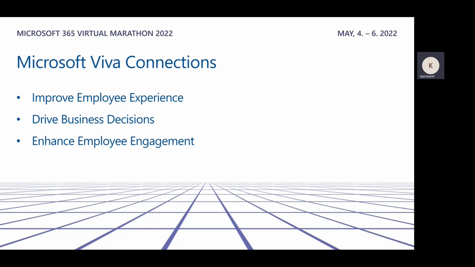And it also helps you to drive business decisions, like Microsoft Viva can also help companies make big employee-related business decisions. For example, you can use the insights to determine the improvement needed in the onboarding process, and in the same way we can use Viva Insights to help you determine employee bonuses and salary reviews.